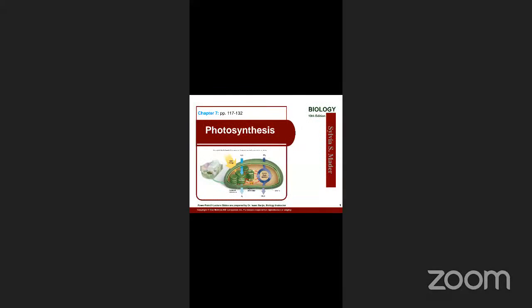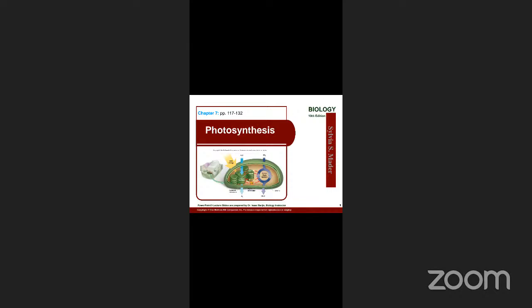So photosynthesis. What does photosynthesis mean? We know that almost all living organisms on this planet depend directly or indirectly on solar radiation.